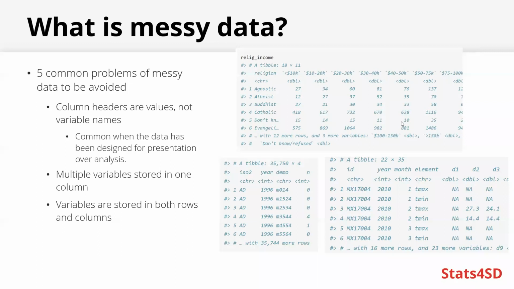Yeah. And preferably we would have another column which would be income values. So these income values would now take a new column as a variable for income, and then the frequencies would be a third column.